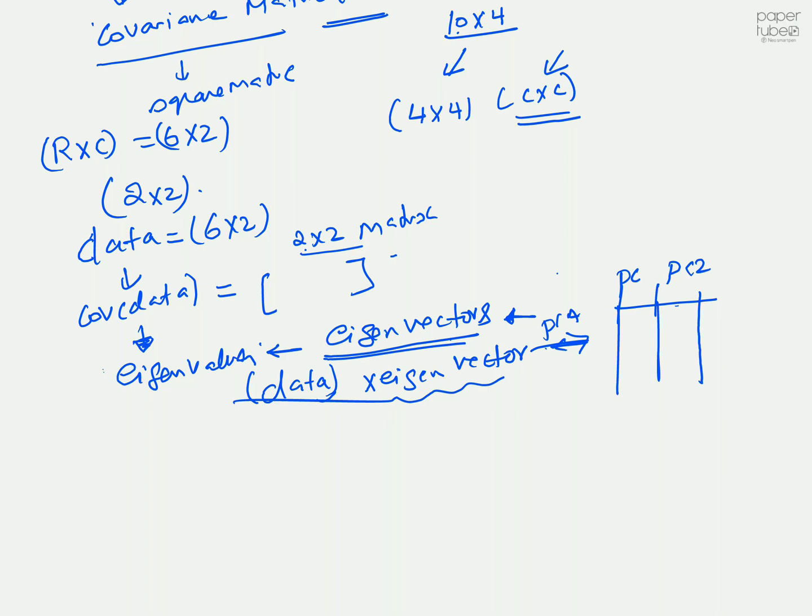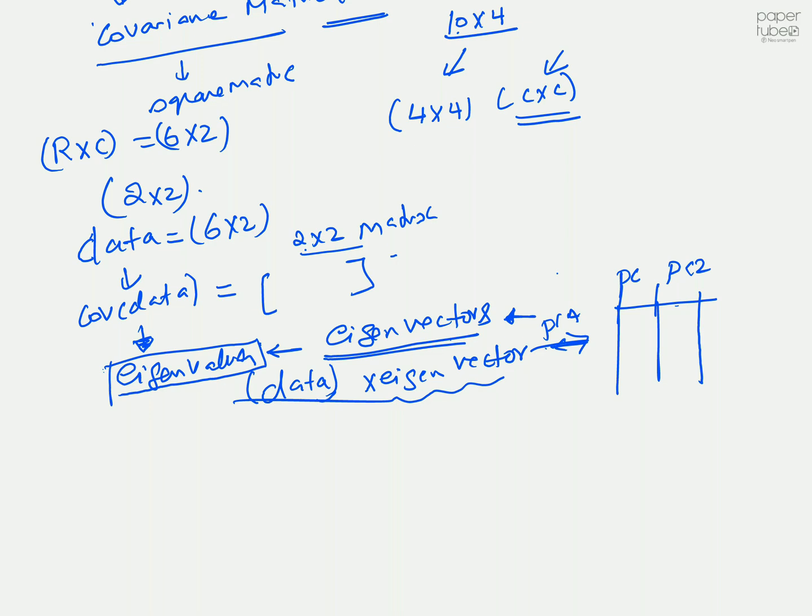So that's the algorithm to get or to transform your data into principal components. And we also need to check, so based on your eigenvalues that you get from your covariance matrix, we can also rank the principal components.